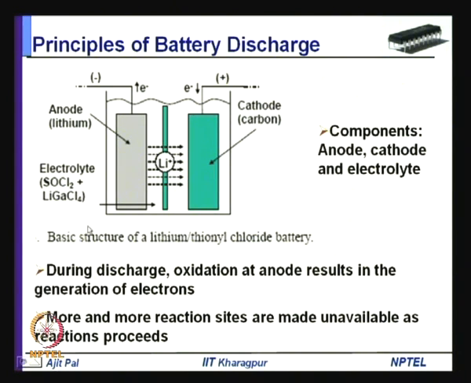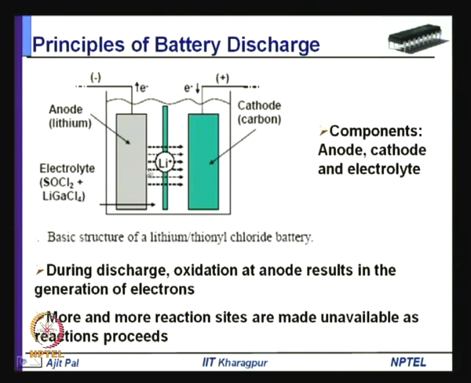Whenever you are doing the discharge, oxidation of the anode results in generation of electrons, and that leads to flow of current between cathode and anode. This is how battery discharge takes place, in simple terms.